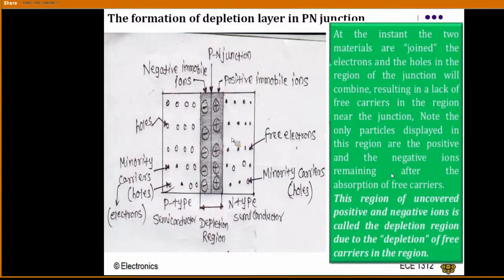Now you may wonder what happened. Now there is an electric field. Where is that electric field? This is a positive ion. Now these particles are minority carriers. Due to the depletion region, a positive electric field is there. The ion has some electric field, and a negative electric field is there.